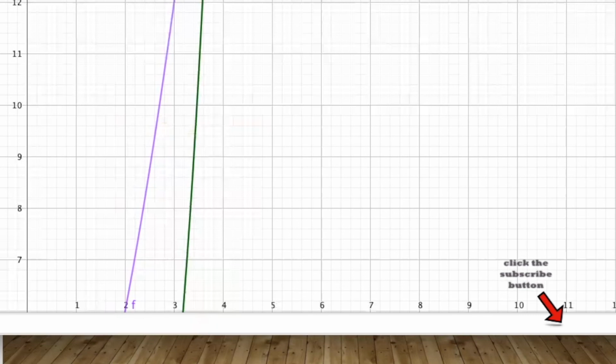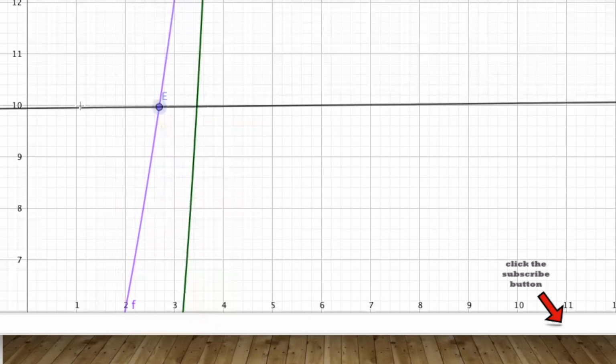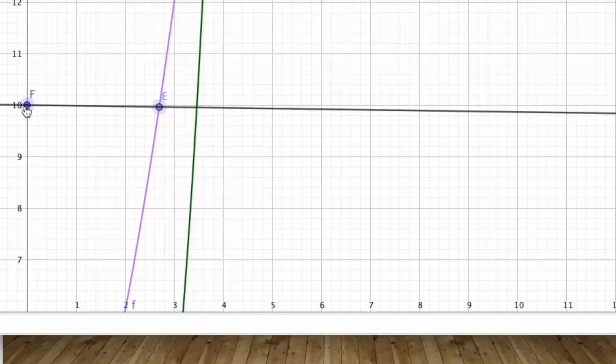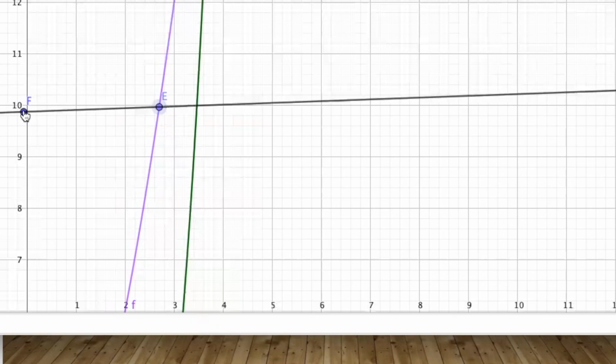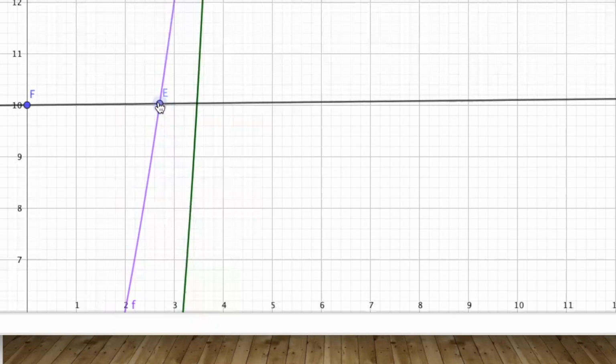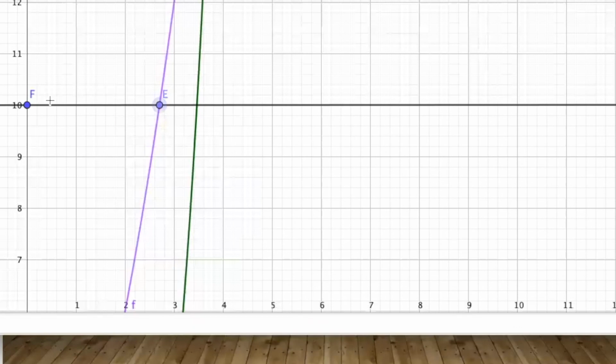So just remember, you can always draw a line. If you're having problems seeing where it cuts, this line represents y equal 10. So this is the y equal 10 line. It cuts it. This purple line is the graph that it cuts. That's the one we're interested in, not this one.